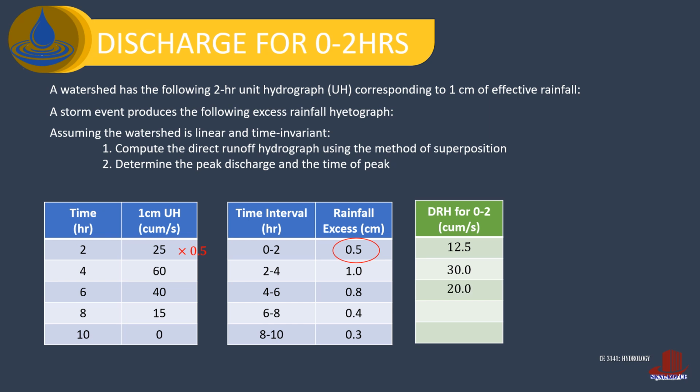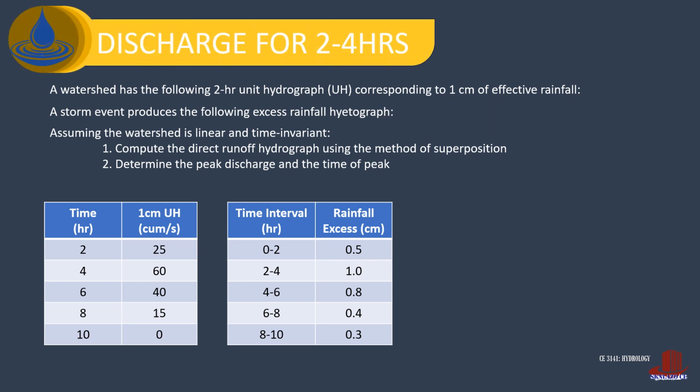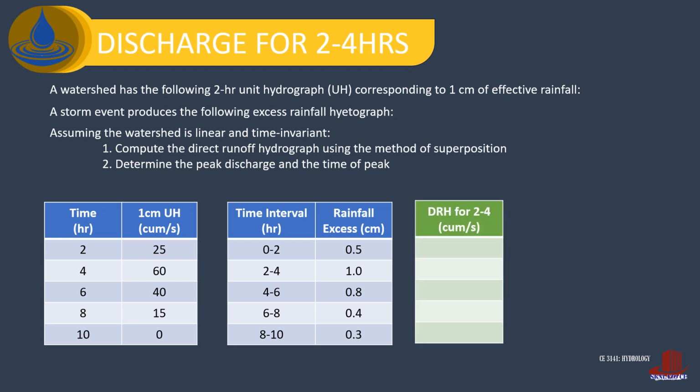Then 40 times 0.5 is 20, with 15 times 0.5, which is 7.5. Then T10 has 0. At time interval 2 to 4 hours, the depth is 1 centimeter. This is multiplied to the UH, thus having 25, 60, 40, 15, and 0 for the DRH.